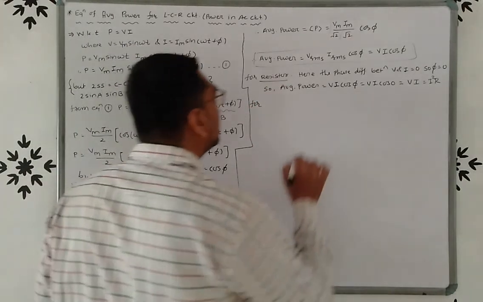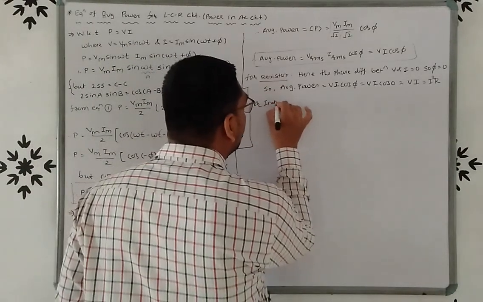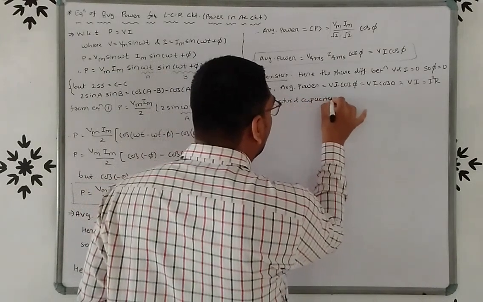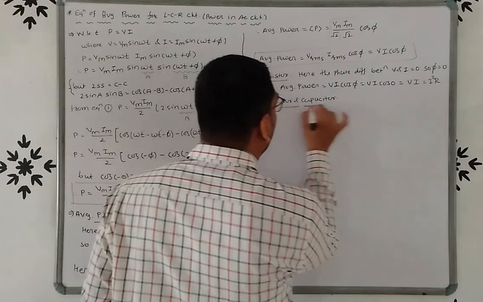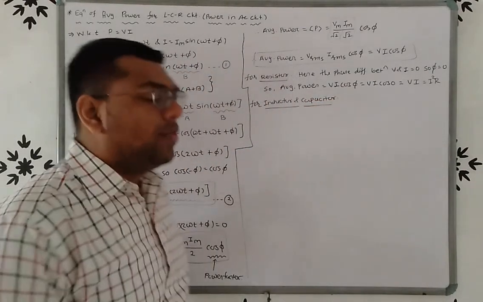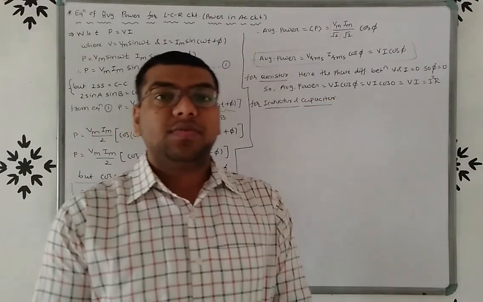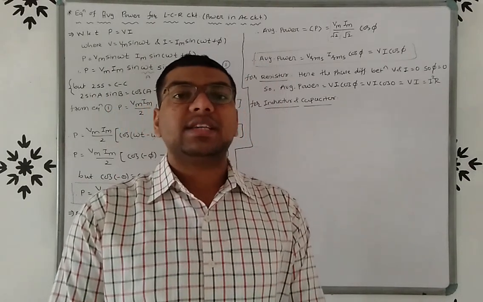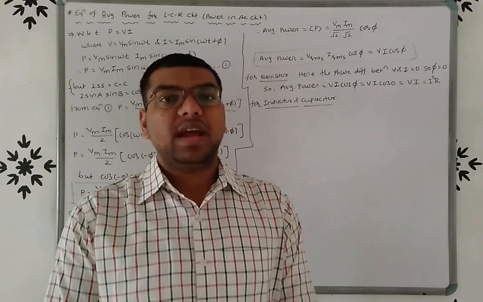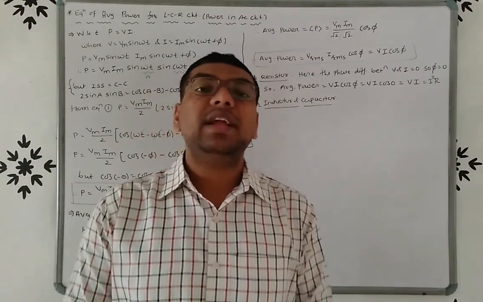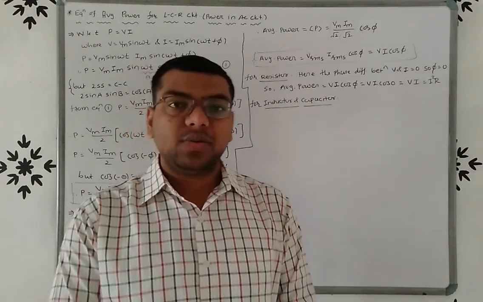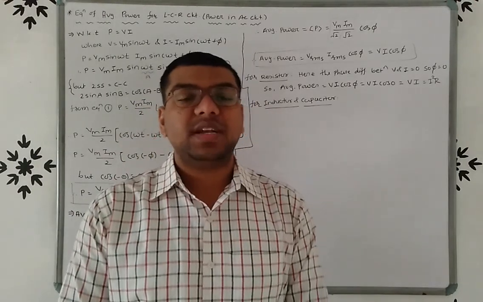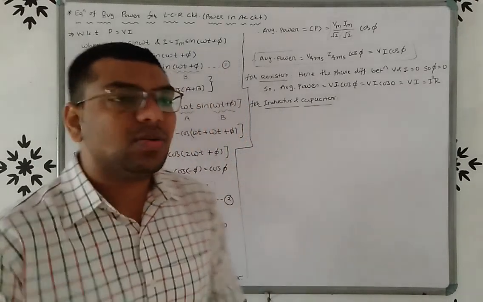Now for inductor and capacitor, we already know that for an inductor current lags voltage by pi by 2, and for a capacitor current leads voltage by angle pi by 2, right? So for inductor and capacitor, the phase difference between voltage and current is pi by 2, right?